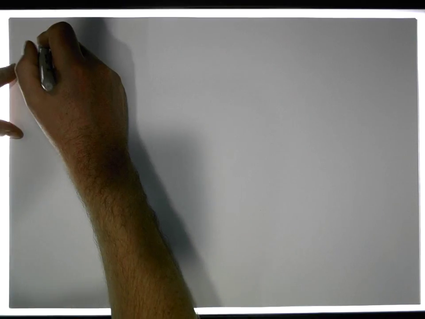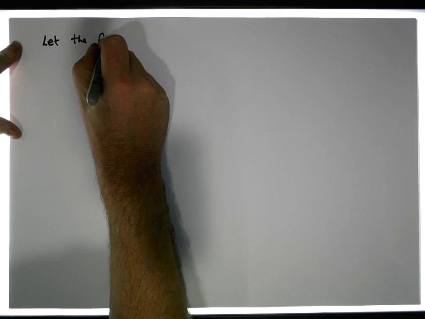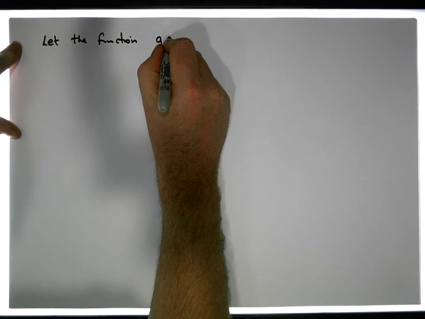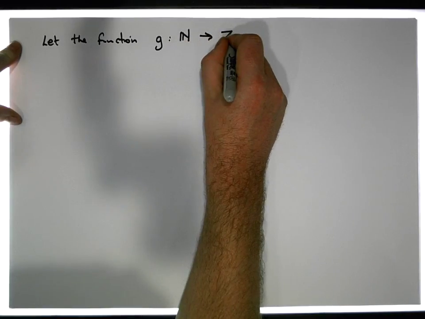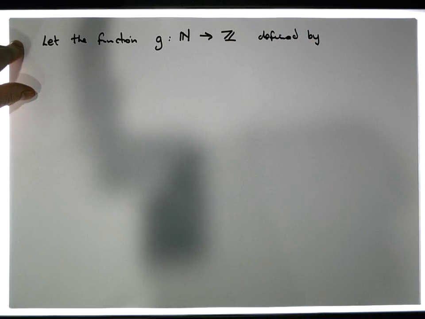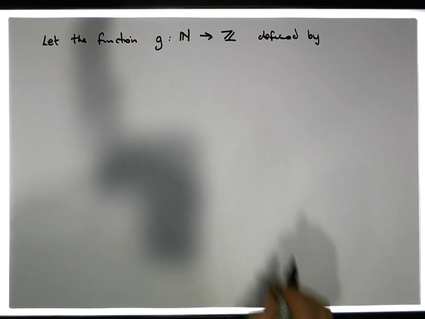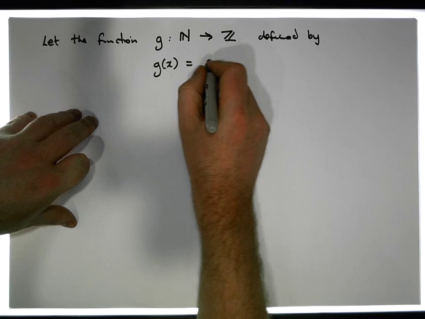Let's say we define another function. Let the function g be a mapping from the natural numbers into the integers, defined by the following implementation: g of x is equal to 9 times x plus 5.